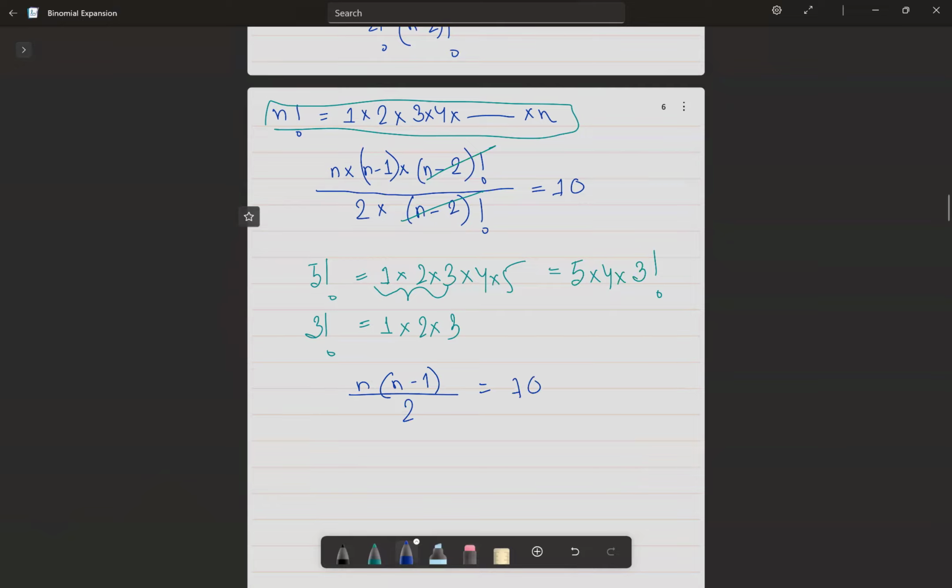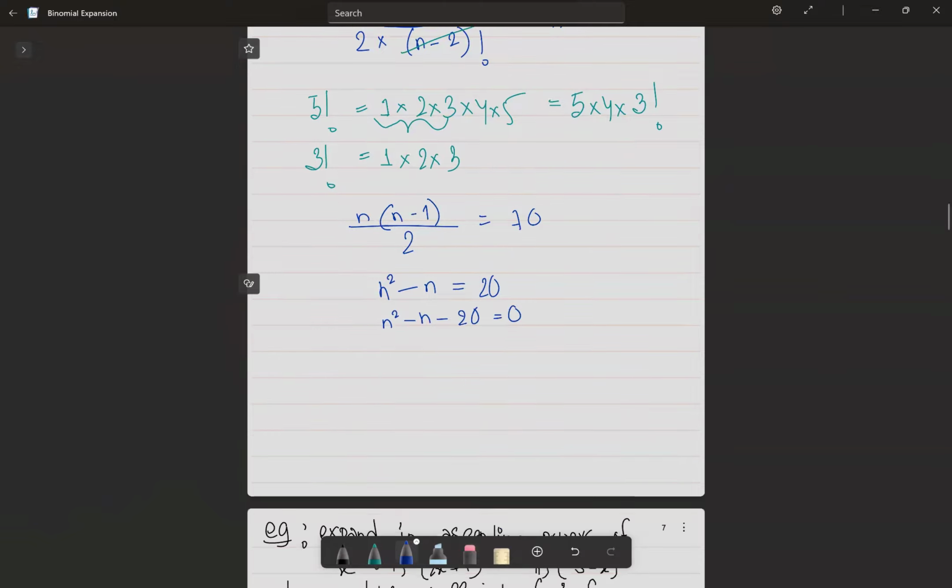Now if I cross multiply and try to solve it, I have n into n, n square, minus n into 1, which is n, is equals to 2 into 10, which is 20. So I get n square minus n minus 20 is equals to 0. Now I can solve it using middle term break or whatever formula if I want to.